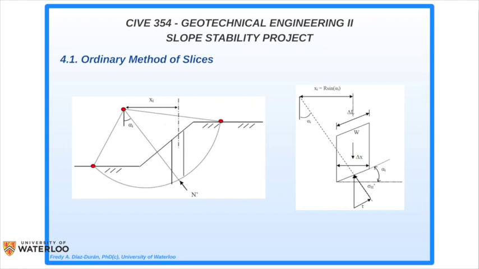Some of them are missing, for example, the forces interacting between slices. But you're going to learn more about that. What you have to keep in mind now is that this is the method the software is using, basically. It's taking the surface and dividing it into slices, analyzing the forces, and comparing those forces with the shear strength in the soil.